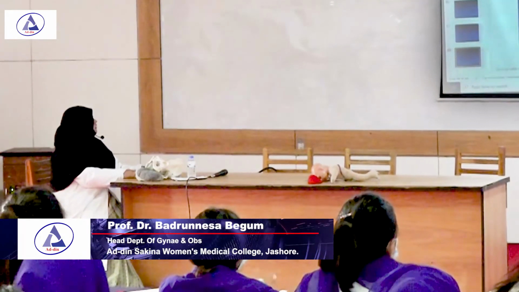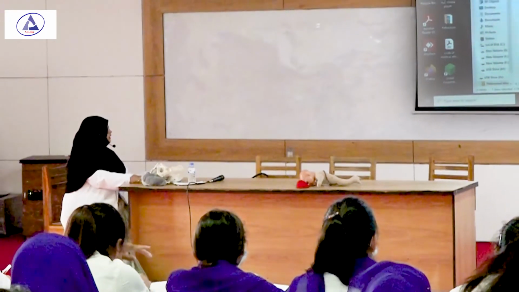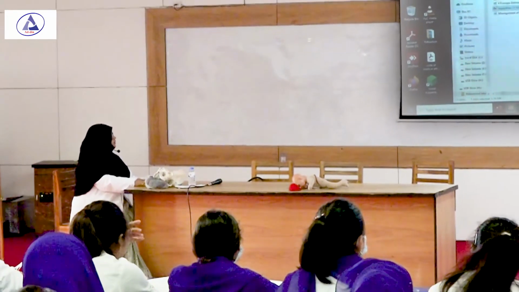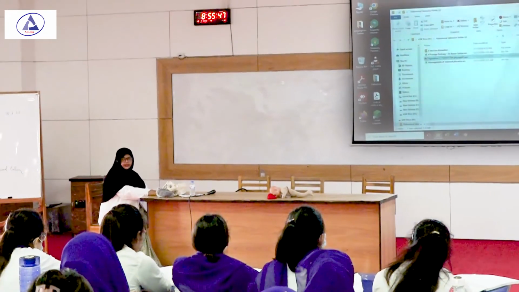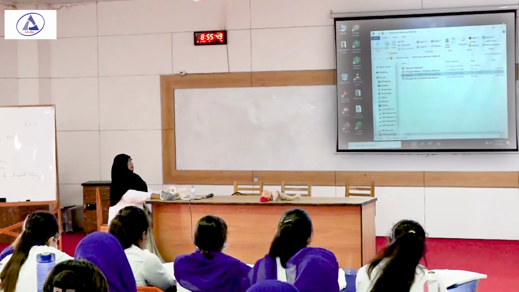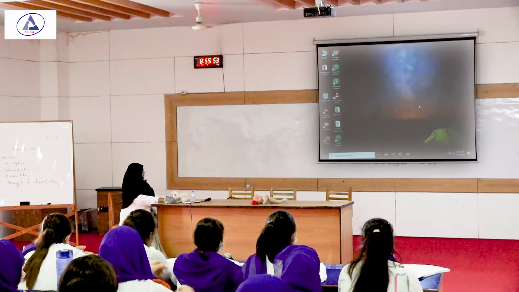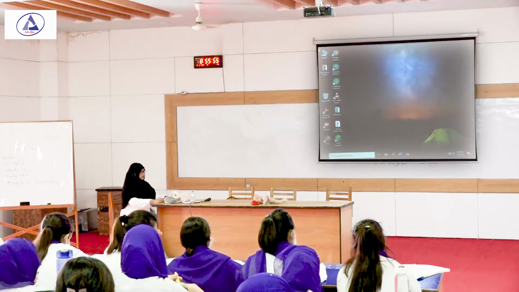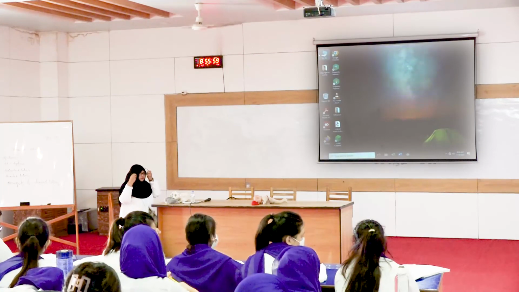Partogram maintenance is so important to diagnose prolonged labor and obstructed labor earlier and to reduce maternal and fetal complications. Okay, thanks for today. Any questions? Anything? Thanks to all again.